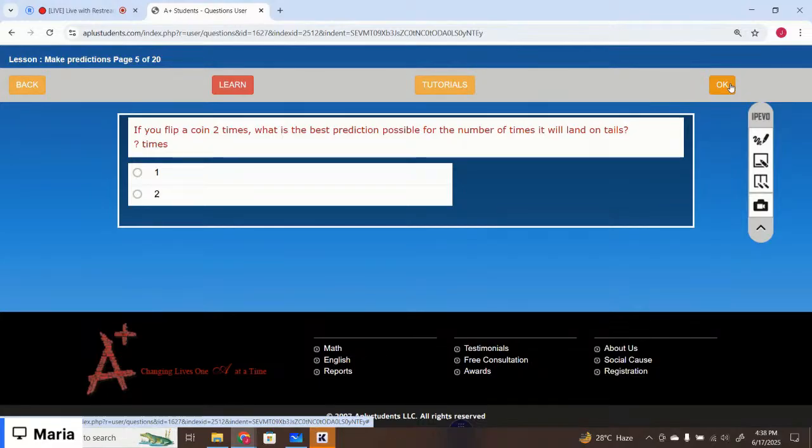If you flip a coin some times, what is the best prediction possible for the number of times it will land on tails? So, which is the correct option? And option number two is the correct option.